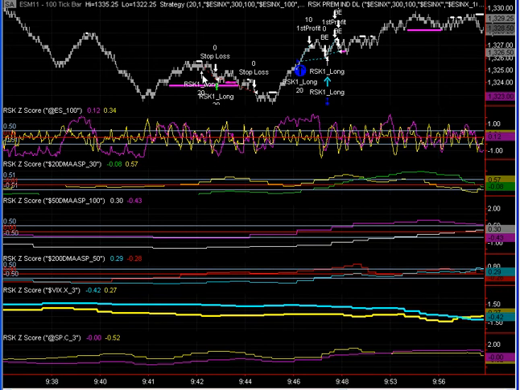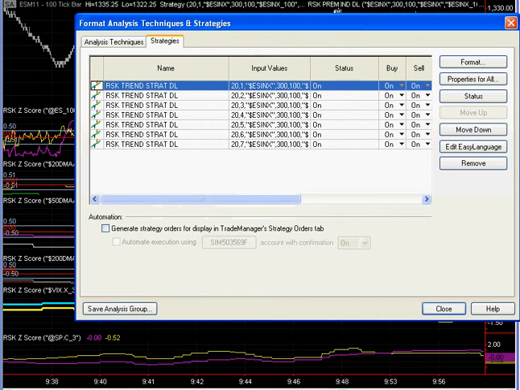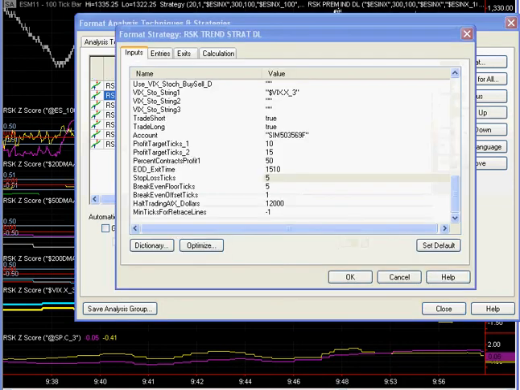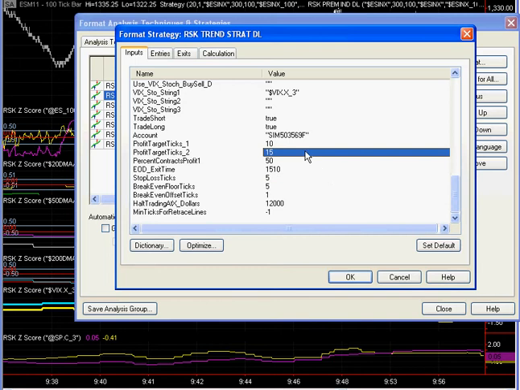Now, they got stopped out initially. If we look at exactly the trade here, we can look at the conditions that were set up on that particular strategy. In this particular case, we had 5 ticks for the stop with a 10 and a 15 tick profit target.